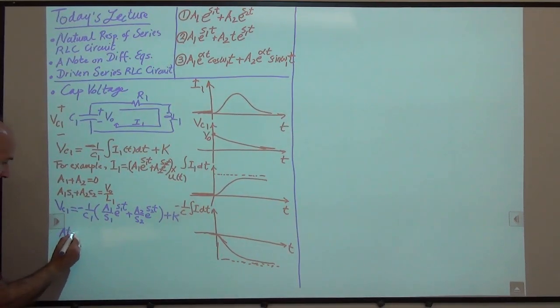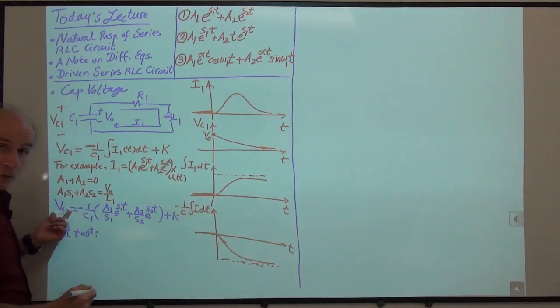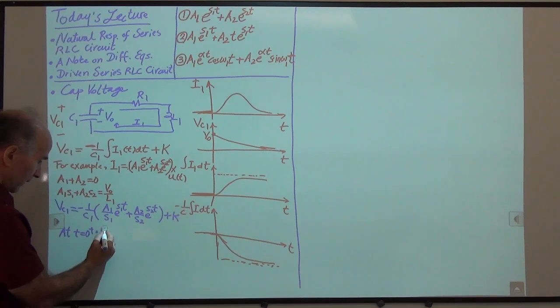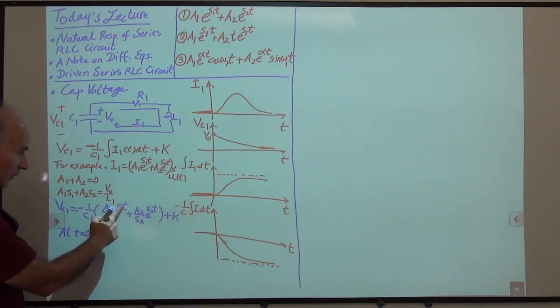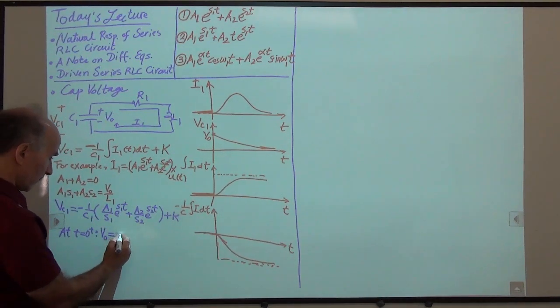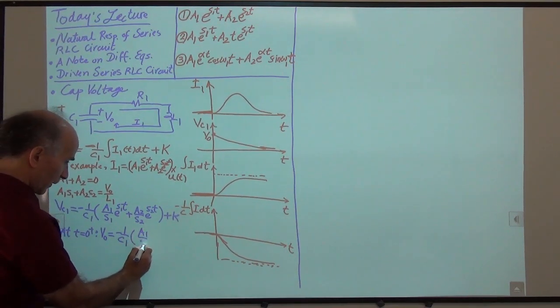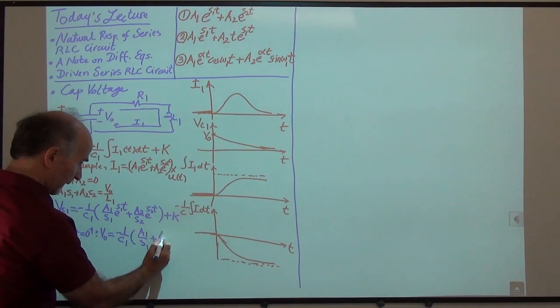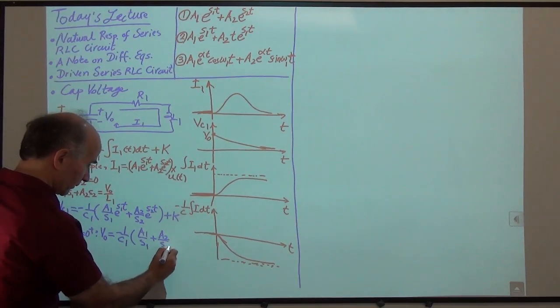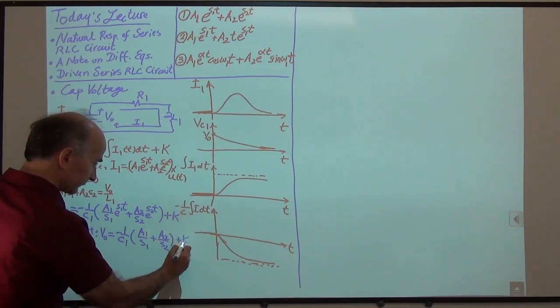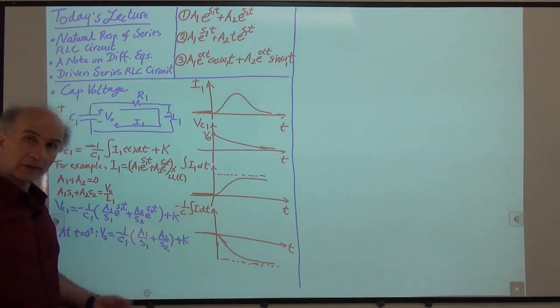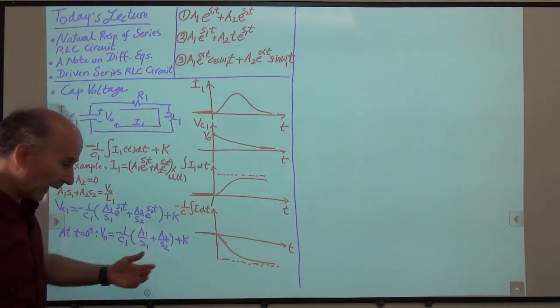So at t equals 0 plus, this side has to be V0, and then on this side, we should just replace t with 0. So minus 1 over C1, A1 over S1 plus A2 over S2 plus k. That readily gives us the value of k.